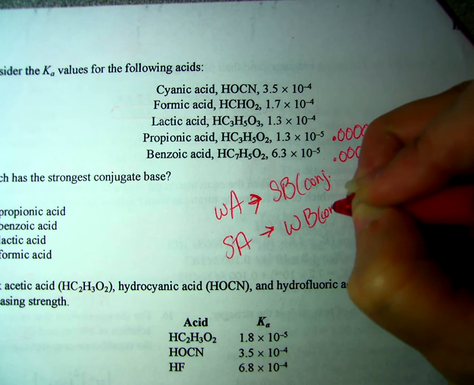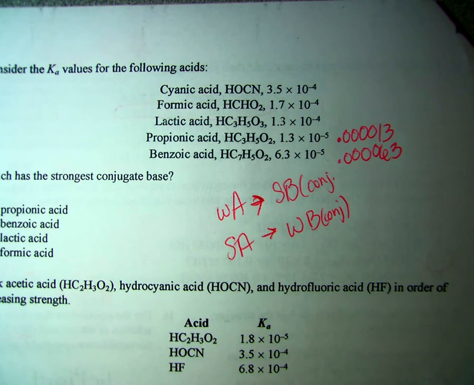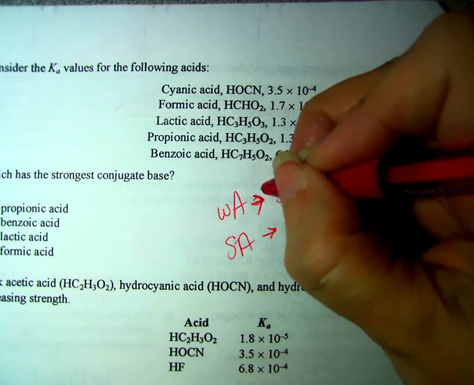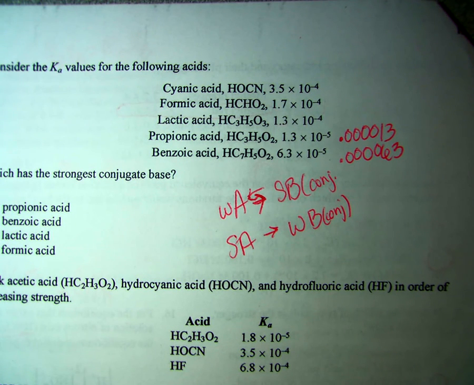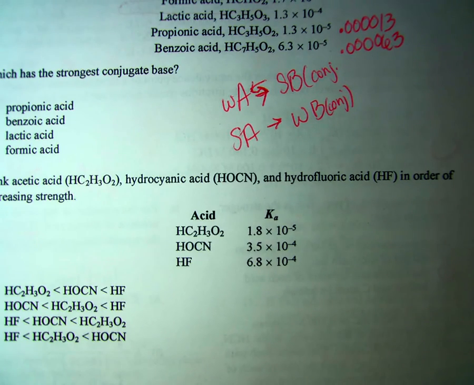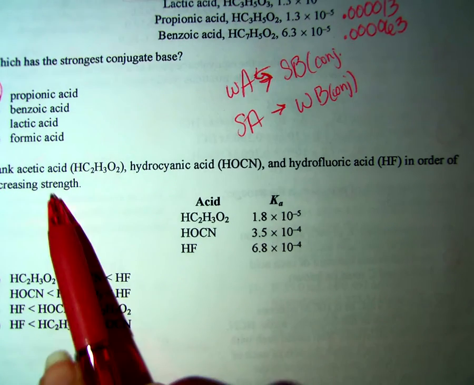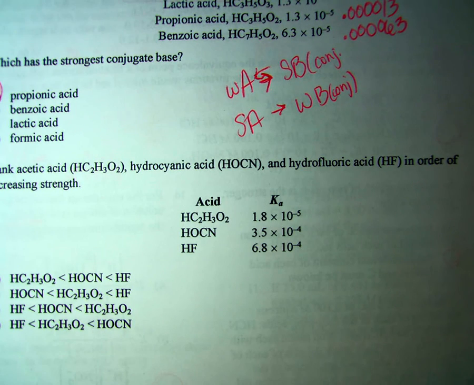And the same thing, if you had a strong base, because it goes both directions, strong base would have a weak conjugate acid, and if you had a weak base, it would have a strong conjugate acid. So they're opposite. All right, rank acetic acid, hydrocyanic acid, and hydrofluoric acid in order of increasing strength.